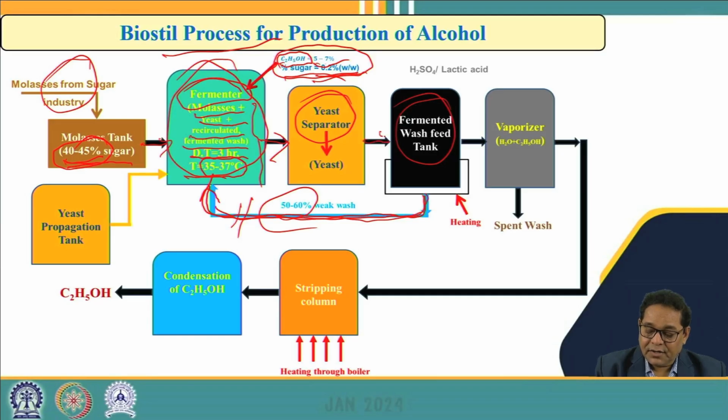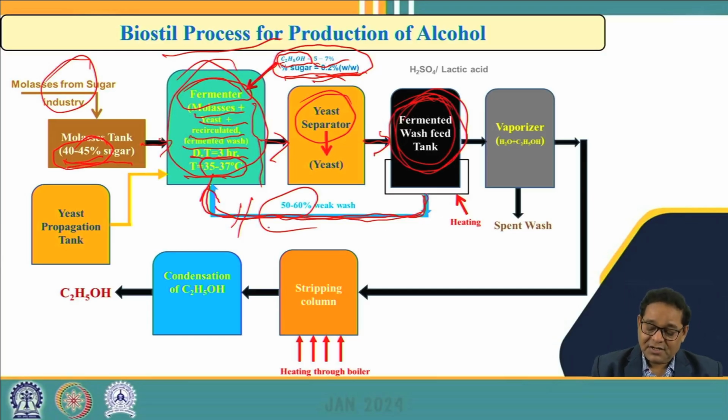But the rest of the liquor generated out of this filtration process is collected into the fermented wash feed tank, which is used for further separation of alcohol from the rest of the liquor. So this is the fermented wash feed tank, which will store all the fermented wash.